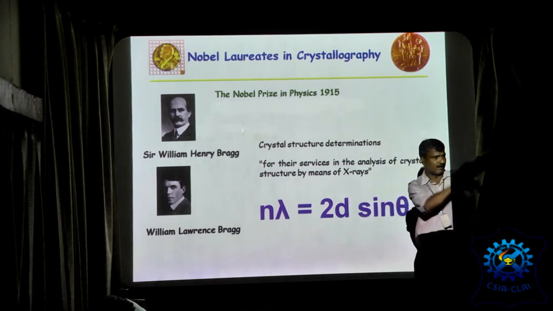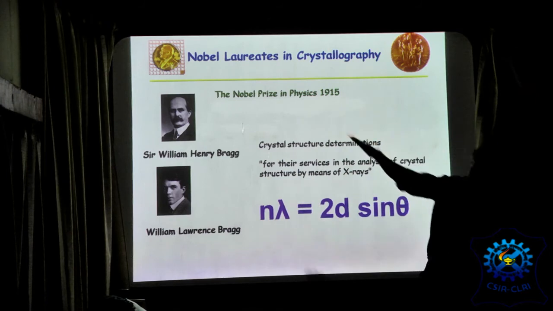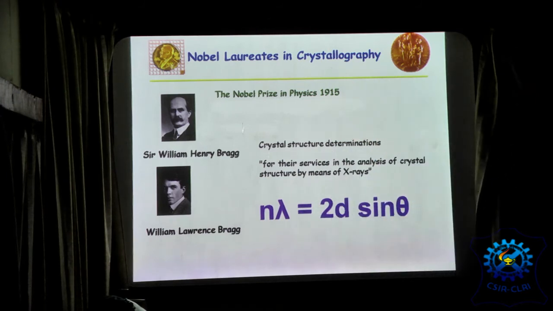That's why that gives you the information. Got my point or not? Yes, sir. You are always existing, but you are all existing in one particular symmetrical fashion. At this theta, with this particular light, only the distance between this row and this row and this row satisfies this equation. That's why I am getting information about this row, that row, and that row.